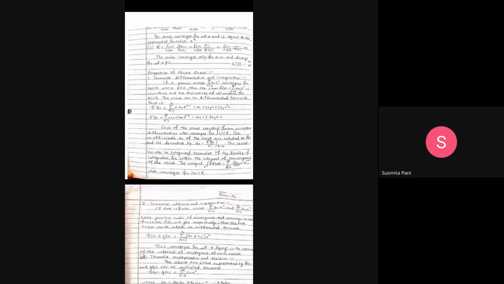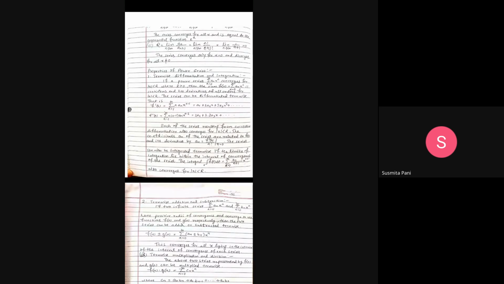Then what are the properties of power series? In power series, you can differentiate and integrate term wise. Suppose you have a0 something plus a1 something plus a2 something plus a3 something, and so on. If you differentiate it, you have differentiation of a0, then differentiation of a1, differentiation of a2, and so on.